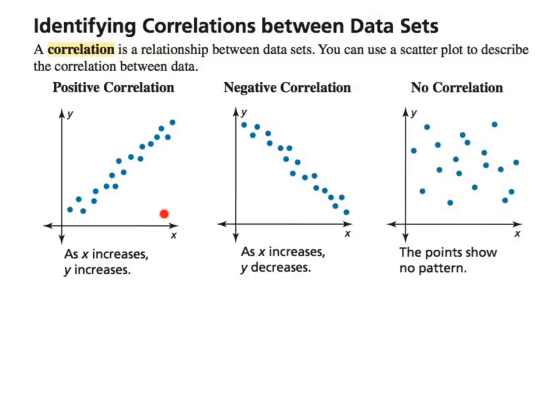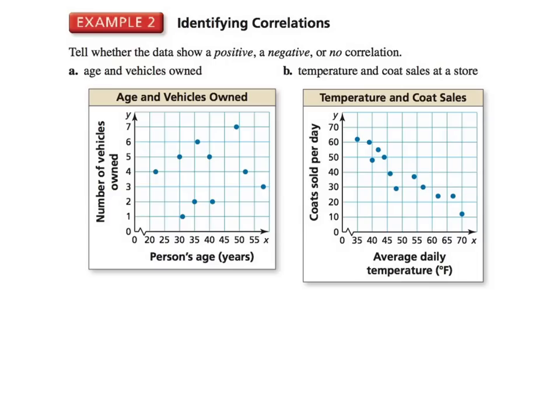That means as X increases, Y increases. As X increases, Y decreases would be a negative slope, hence a negative correlation. And if you don't see any type of pattern, there would be no correlation. Make sure that last chart gets put in your notes. So just look at these, you don't need to write these down.